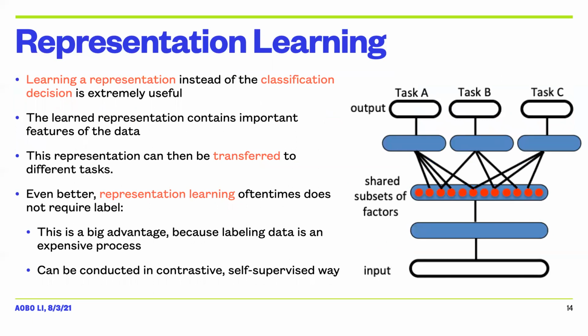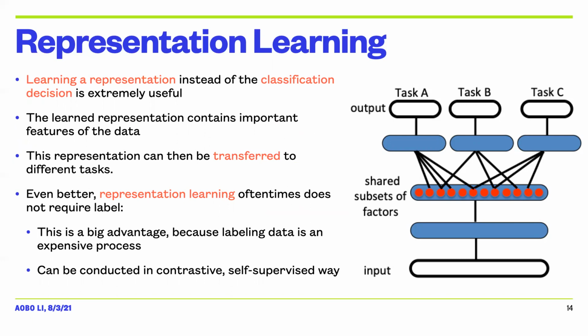It turns out that learning just the representation instead of the final classification decision is extremely useful. The learned representation will contain important features of the data to actually perform the classification. This representation can then be transferred to different tasks. And even better, learning a representation oftentimes does not require labels.